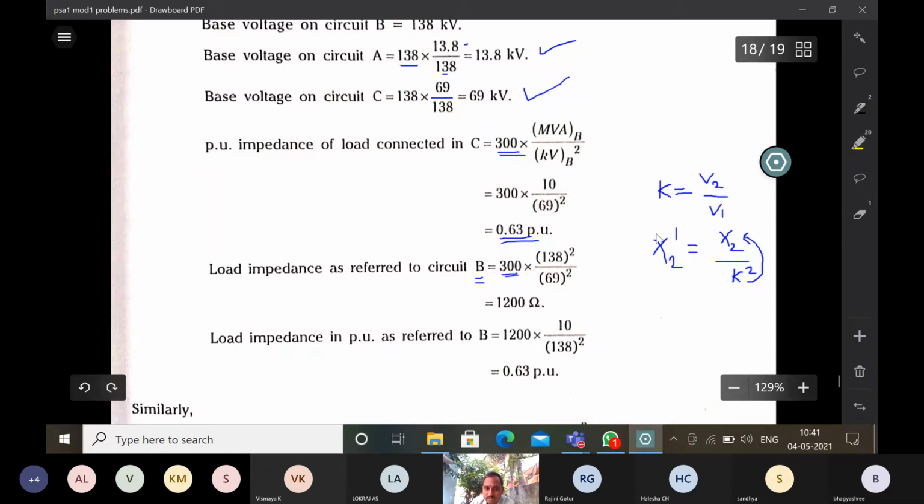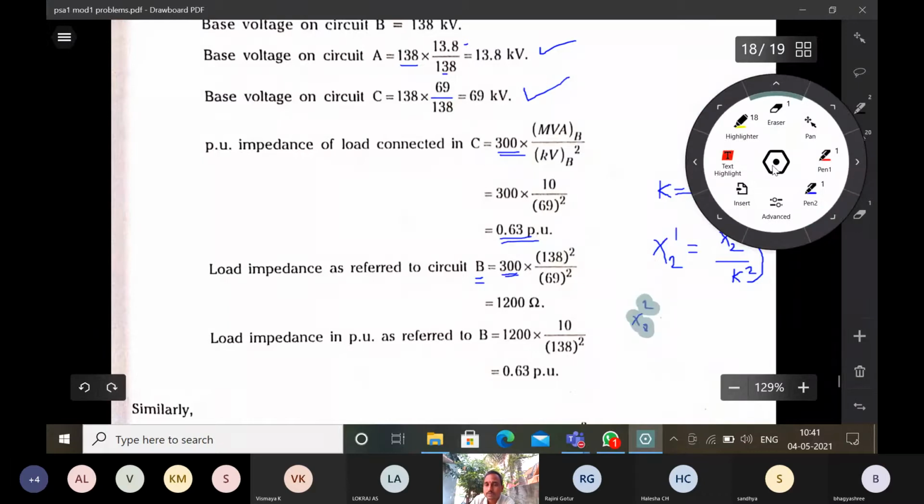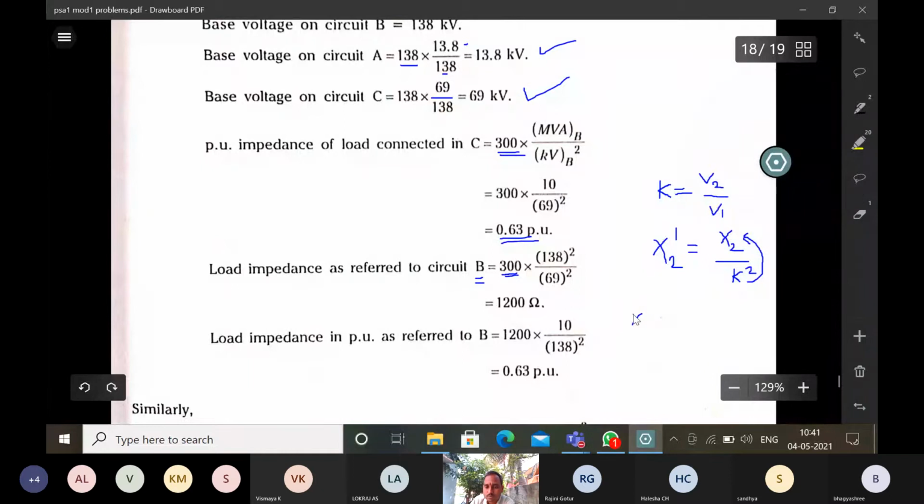Otherwise I will explain once again. X2 dash means the 300 ohm load impedance referred to the B circuit. X2 dash is equal to X2 by K square. What is X2? 300, divided by K square, which is V2 by V1 squared.